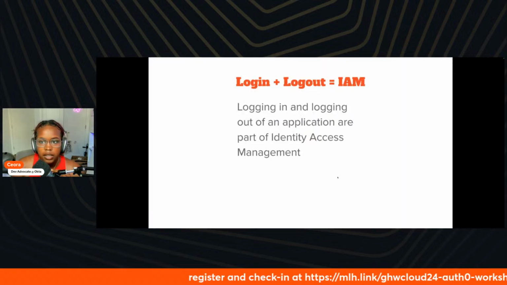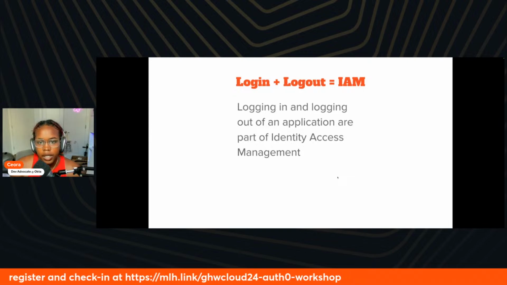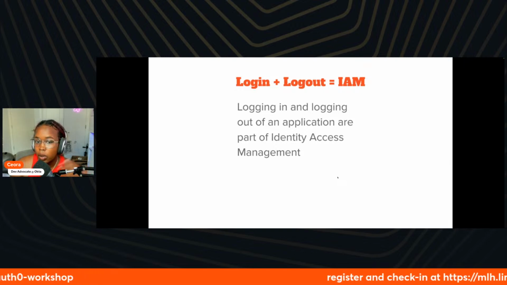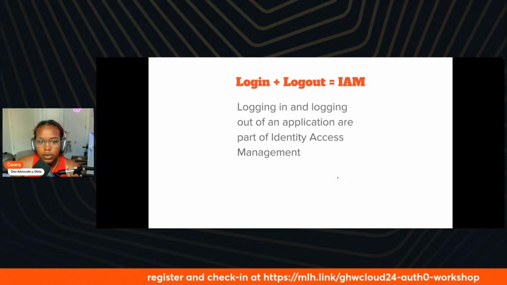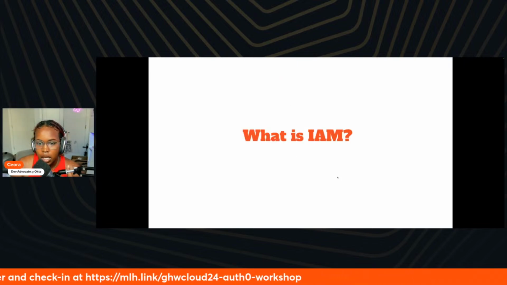Let's define some key terminology. Logging in and logging out is a part of what we call identity access management. It's not the only part of it, but it is a very key part of it. Let's get into what identity access management actually is.